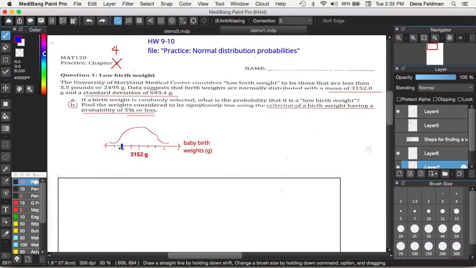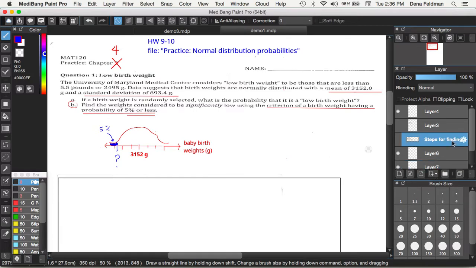But this time we're told, hey, what if you're dealing with the lowest 5%? What if we know that this area here is 5%? Those types of babies, well then what is the criteria? What is the cutoff weight for 5% birth weight babies?